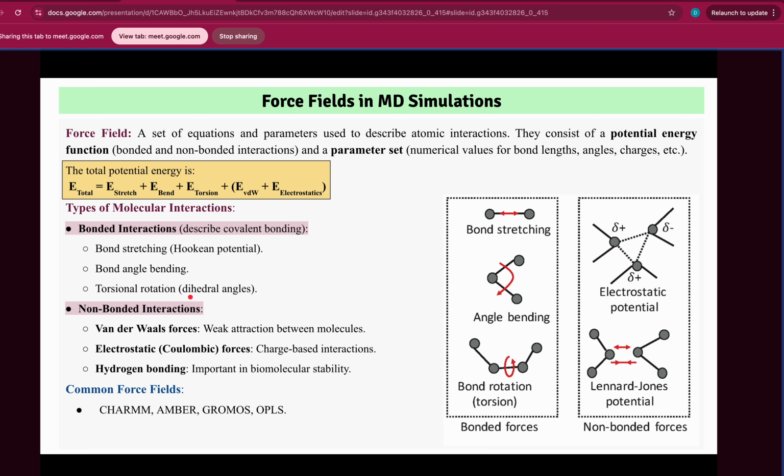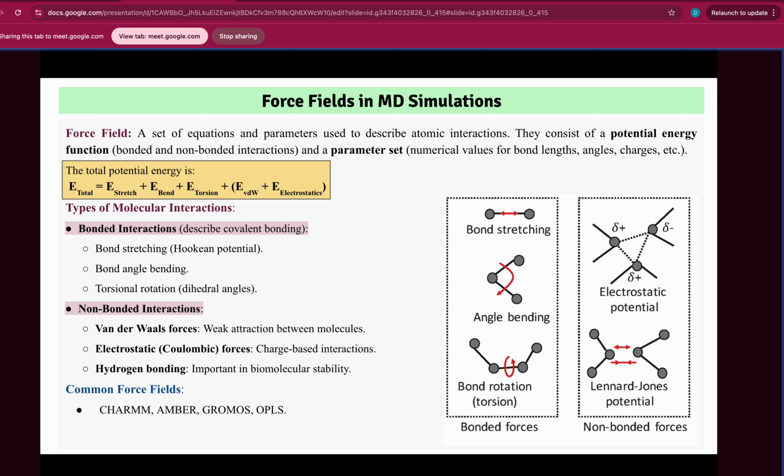Third interaction is torsional rotation or dihedral angles. So for studying torsional rotation, we require 4 different atoms, because it is the angle which is formed between two planes. So that's why we need 4 different atoms, and we study how the torsion angle changes, because we have seen, according to the Ramachandran plot, that there are certain phi-psi angles which determine whether my protein will get folded into alpha helices or make beta sheets.